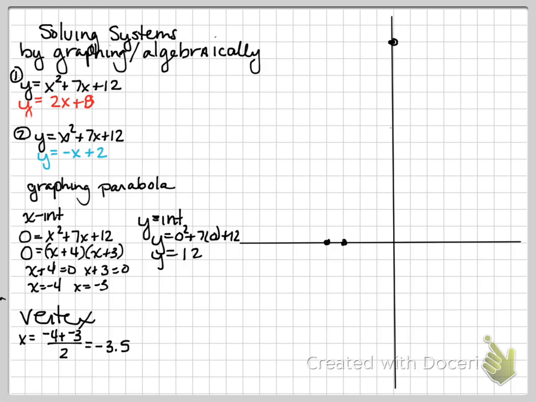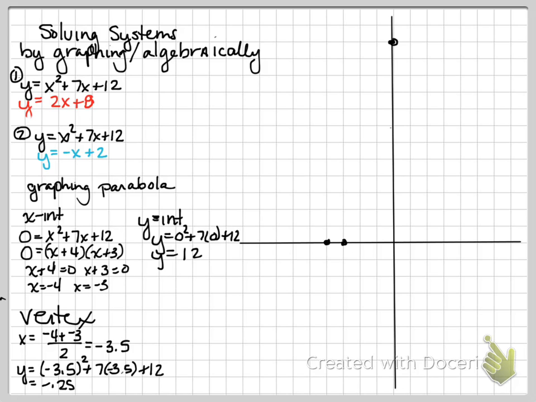Put this into my equation, so y equals negative 3.5 squared plus 7 times negative 3.5 plus 12. I'm going to use my calculator to speed things up. Negative 0.25.